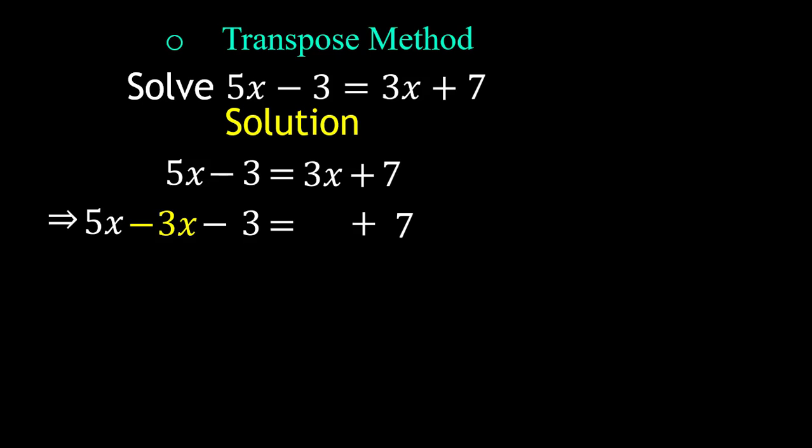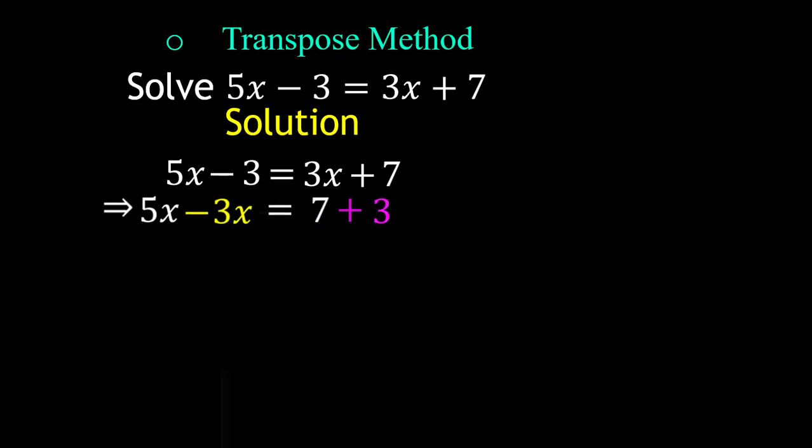And now the next thing is to also move our negative 3 here as well. It is negative since there's a minus sign in front of it. As it also moves, it becomes positive.